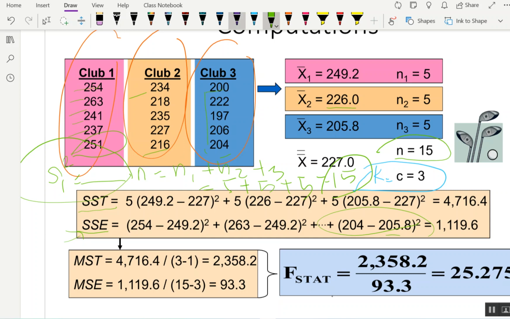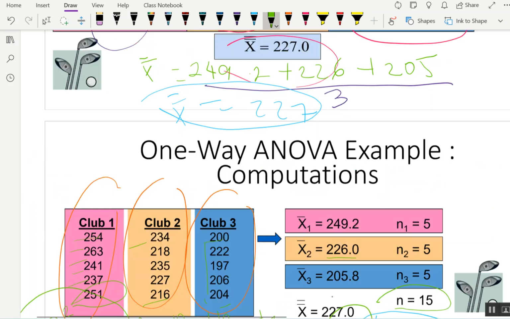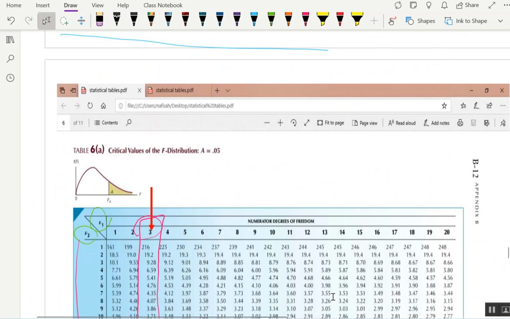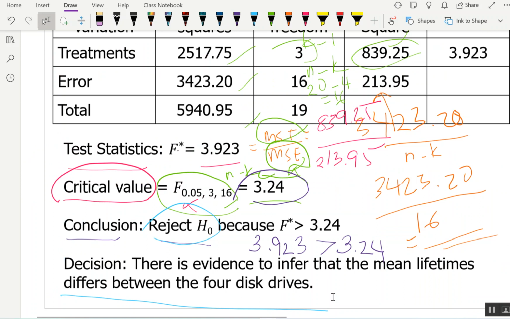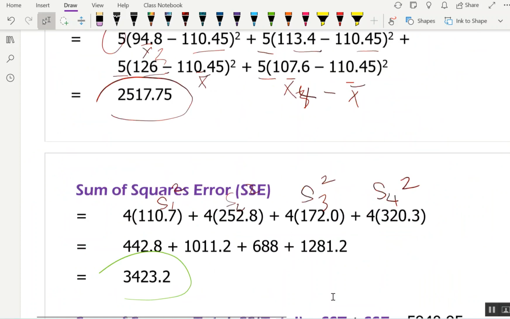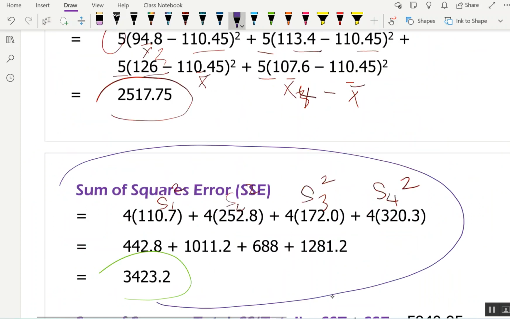Either you can use this way or you can use this one, inside here. So the difference, just to emphasize, is that they already calculated in advance the standard deviation for each of the groups. So let's say you want to make your calculation much easier, you can use this option 1.